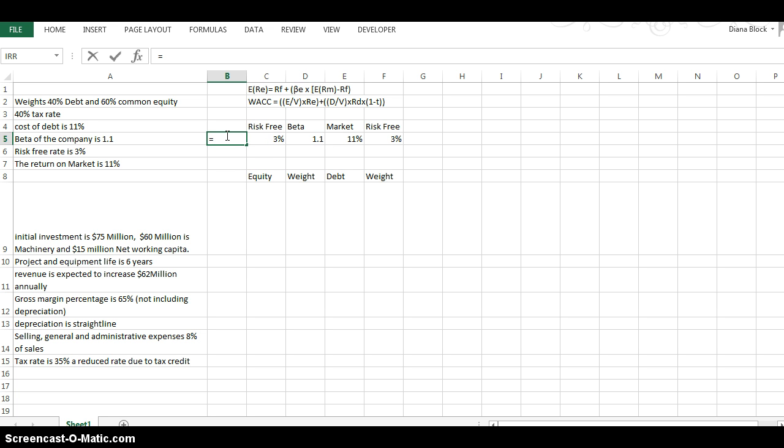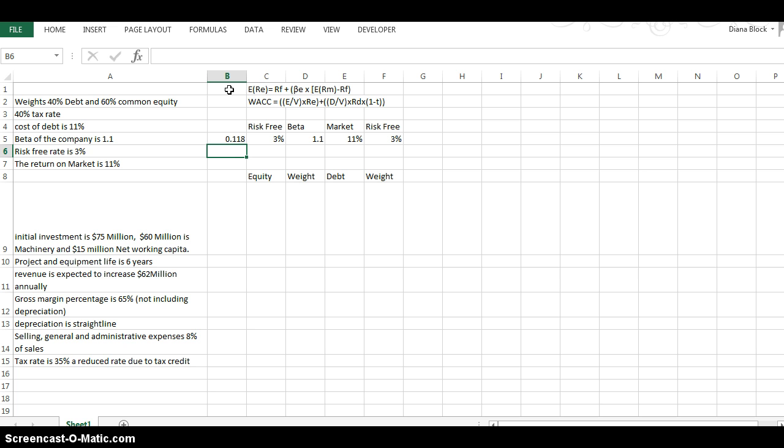Here I'm going to enter the formula and we can see what our result is. We take 3% plus our beta times market rate 11% minus risk-free rate 3%. Here's our formula. We take the difference between the market rate and the risk-free rate, multiply it times the beta, and then add the risk-free rate back on.